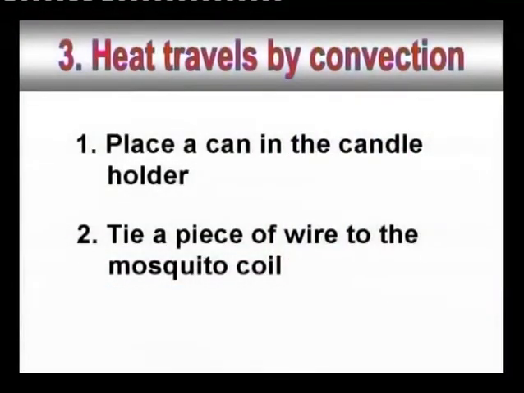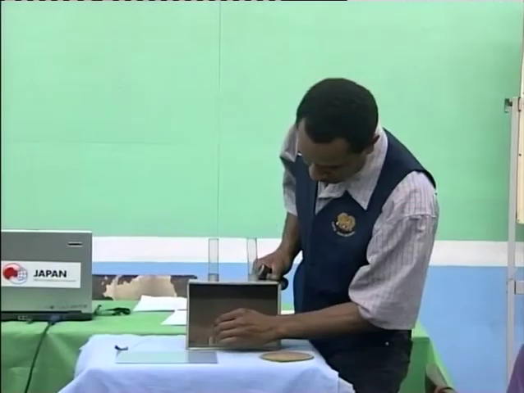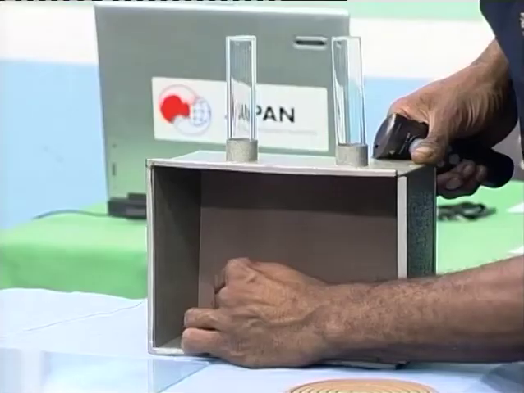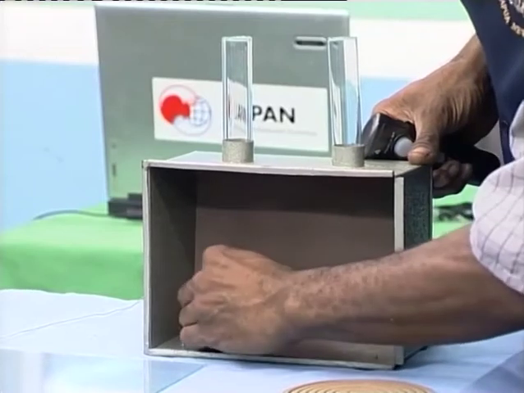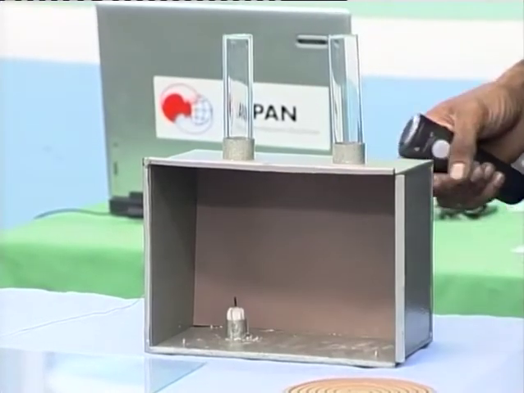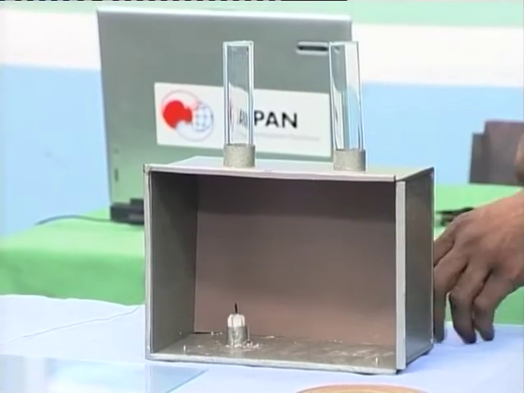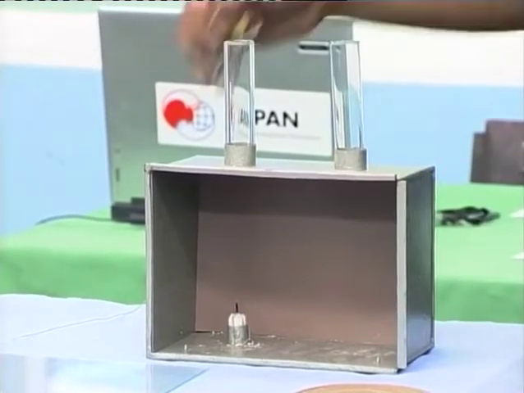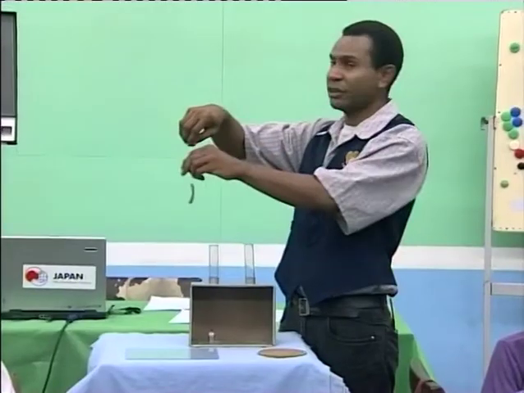All right, our instruction number 1, let's see what we have to do. Firstly, we have to remove the screen from the chamber. We place our candle in. We tie a piece of wire which has already been tied to a coil.